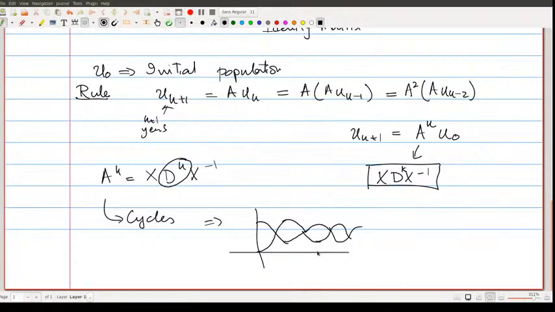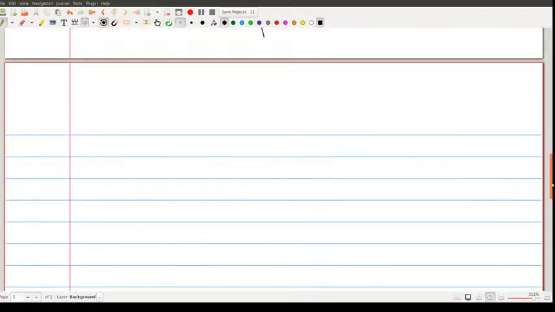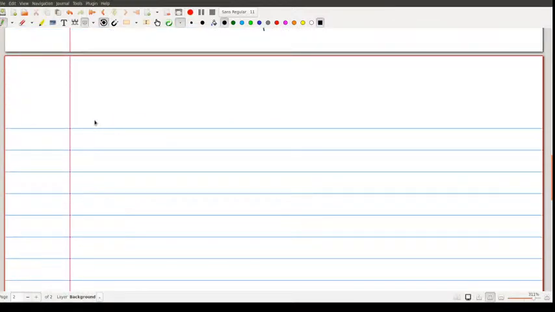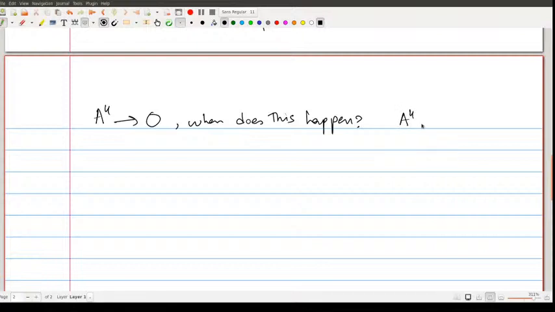Okay, a specific case can also happen where, let's say, your system is not stable and A^k approaches the zero matrix, right? And so the question is, when does this happen? If A^k is approaching 0, that means X D^k X inverse is approaching 0.